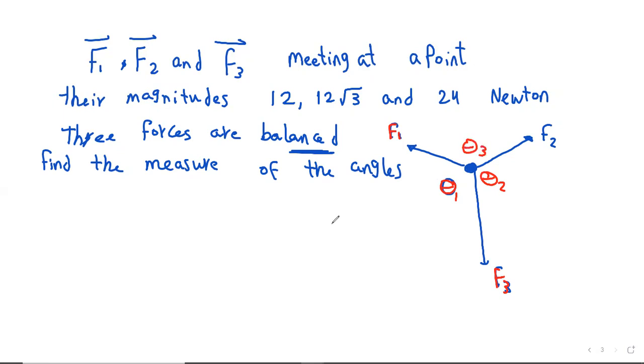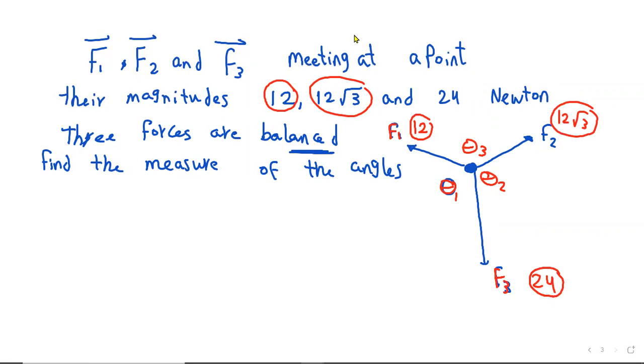So, the resultant of F1 and F2: look at F1. F1 equals 12, F2 is 12 root 3, and F3 is 24. That means the resultant of the two forces, 12 and 12 root 3, is the same as F3 in magnitude.